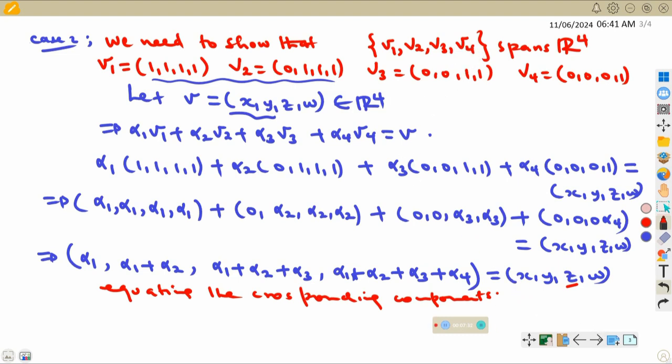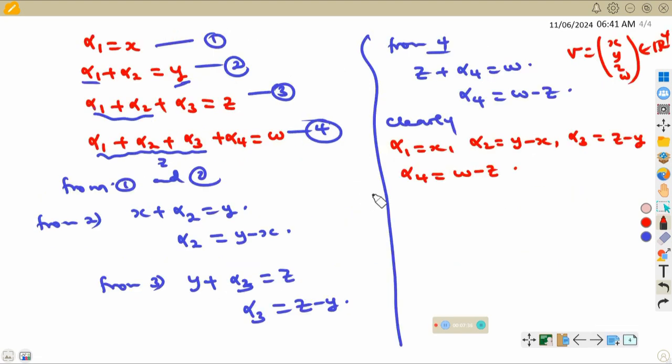But if the solution could not exist, then this v would not be written as a linear combination of v1, v2, and v3. So if we are able to obtain the values of alpha 1, alpha 2, alpha 3 plus alpha 4, then clearly the vectors v1, v2, v3, and v4 will be spanning R4.